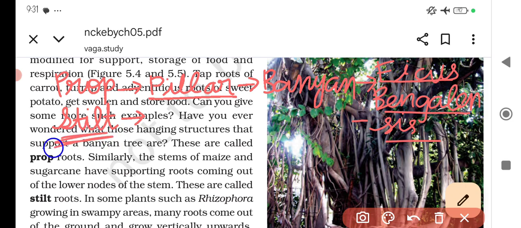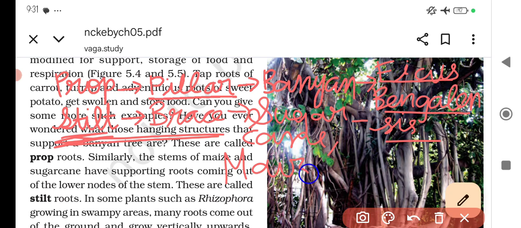And now coming to stilt roots, they are also known as brace roots, and even they do the function of providing extra support to the plant. And these roots are found in sugarcane and maize, corn, sugarcane and maize plants.